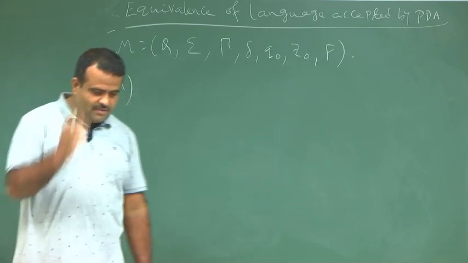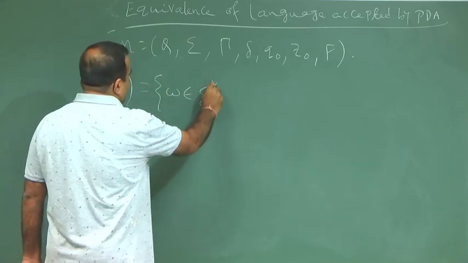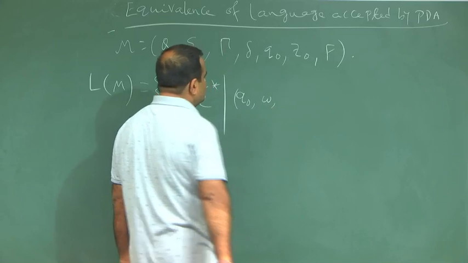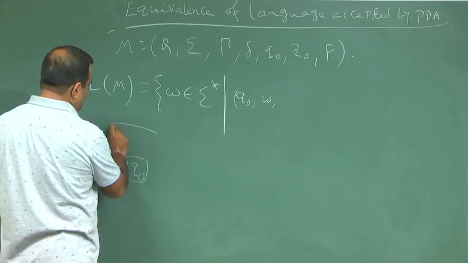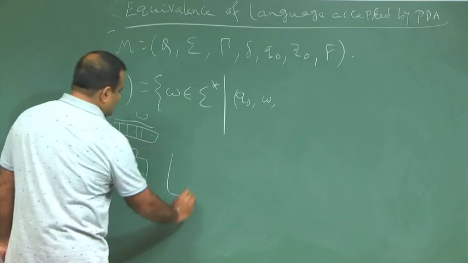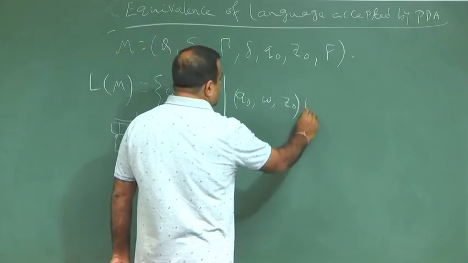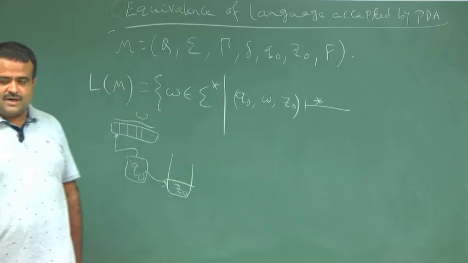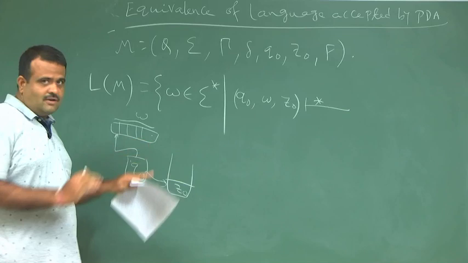Then we know the language accepted by this PDA by means of final state is the set of all strings w such that we start with q0, the starting state, with w on the tape, pointing here, and the stack contains Z0. With iterative applications of delta, it goes to a final state at the end of this tape.